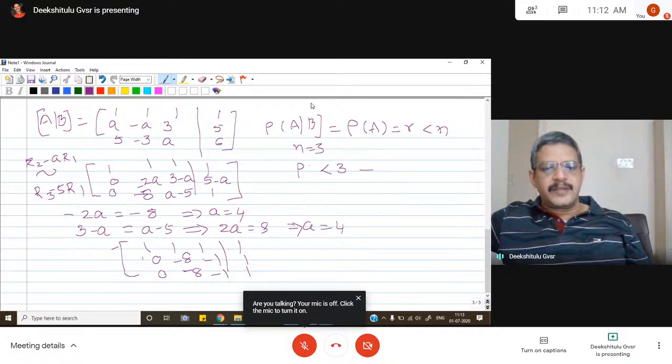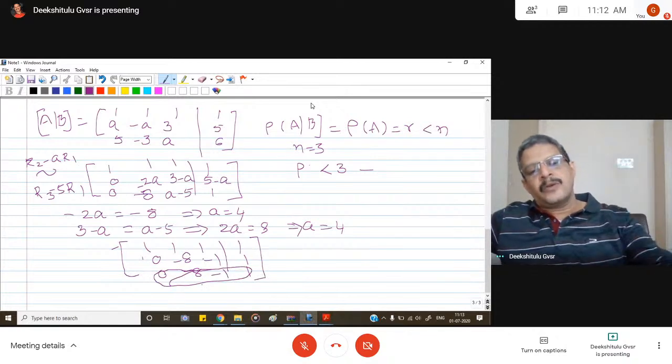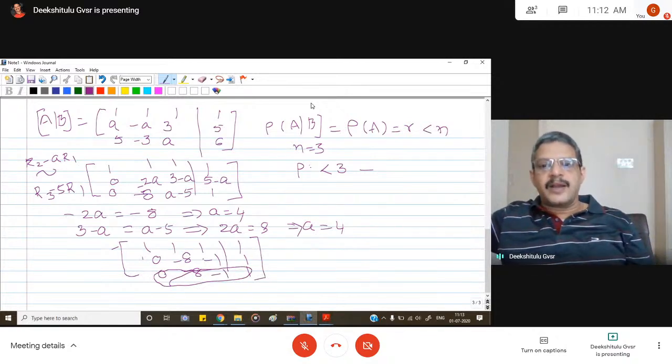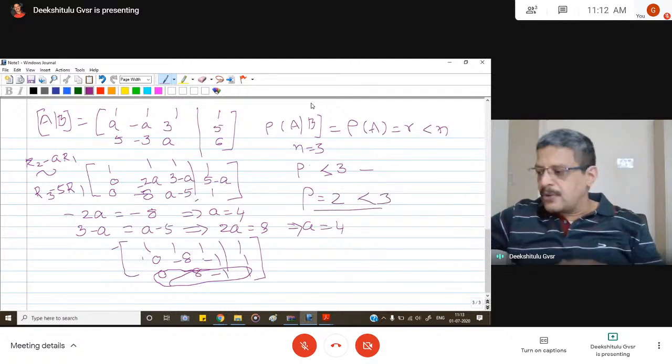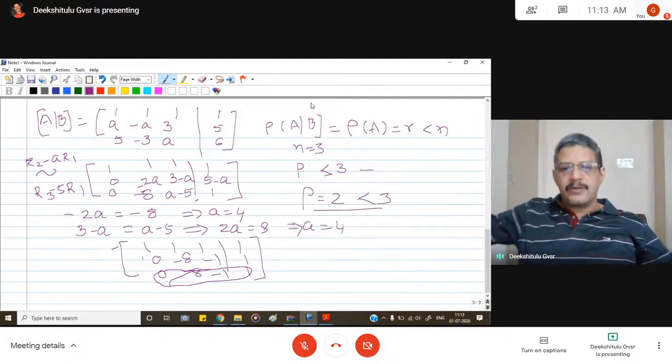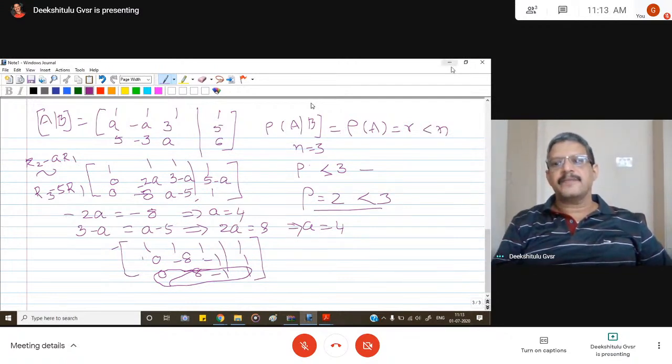So let us see this. This row becomes completely 0. So you have 3 unknowns. Rank of A is 2, less than 3. So we have an infinite number of solutions. This is how, using this matrix, you have to apply some transformations and find the value of A.